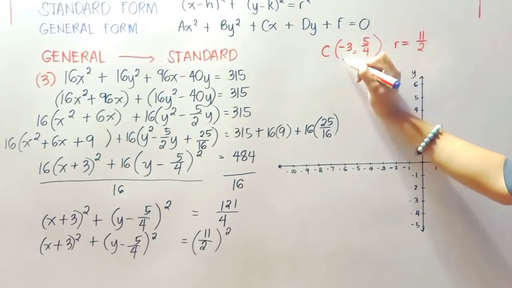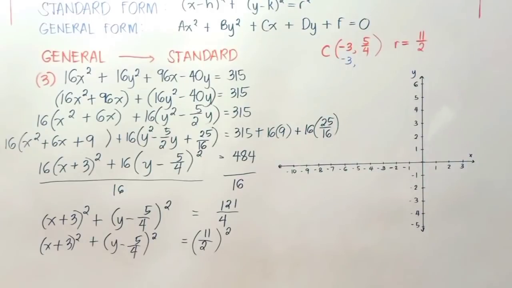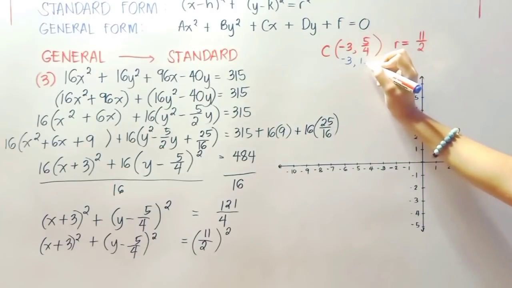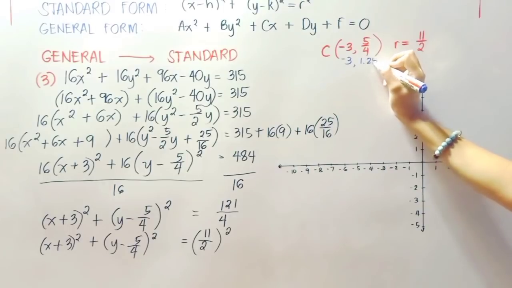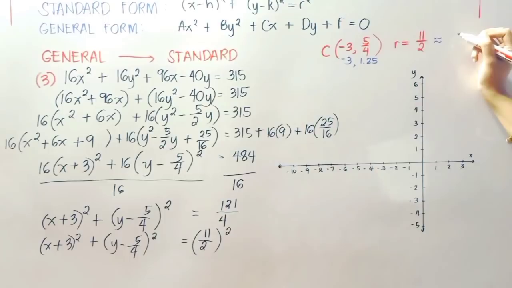So this is negative 3, and 5 divided by 4 is 1.25, and 11 over 2 is equal to 5.5.